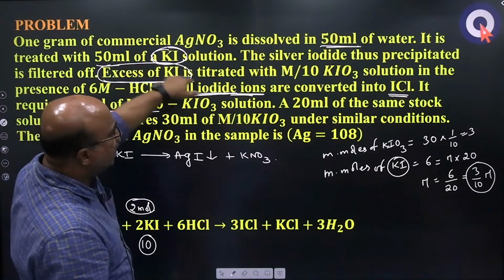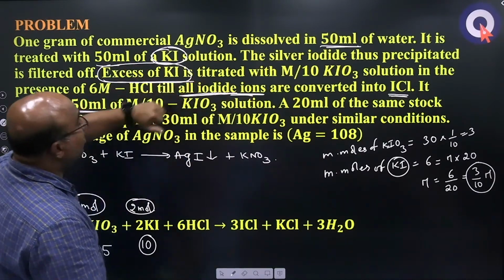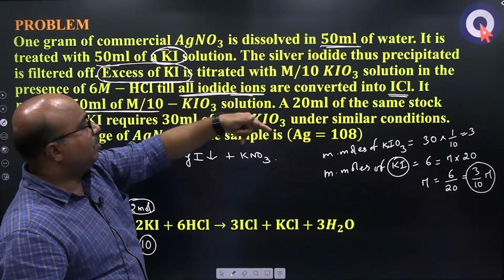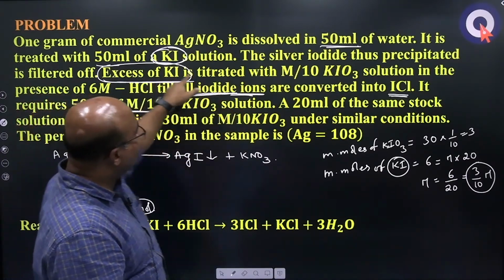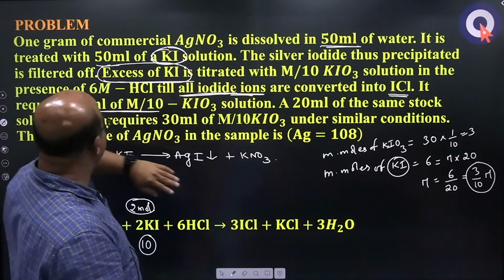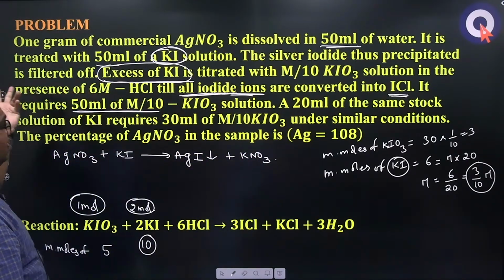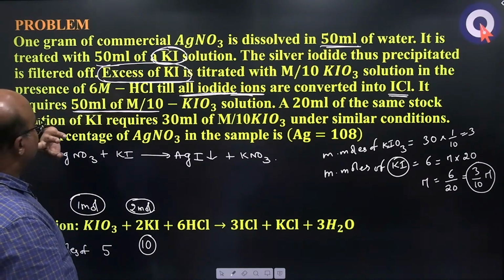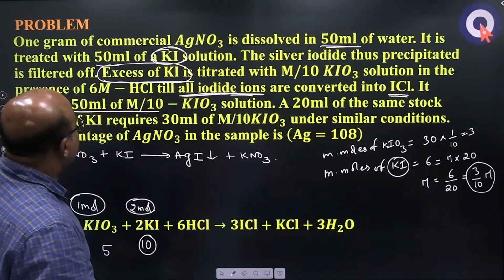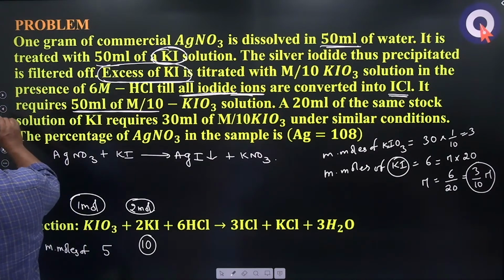Then I think there is no need of this thing. Maybe if they are saying KI is in excess, that KI may be consuming this, then we say something. But otherwise, I don't think this has an importance here. So let us see.